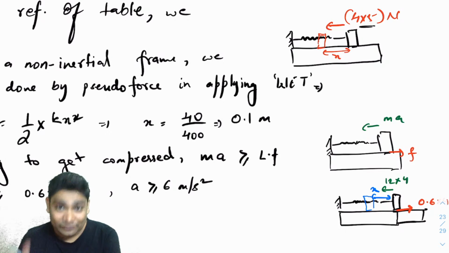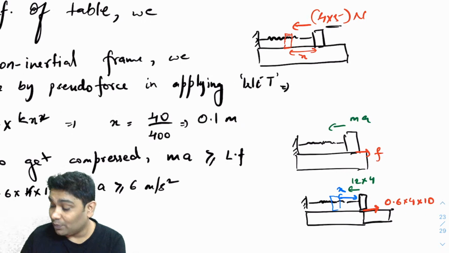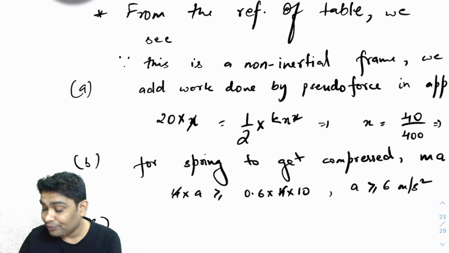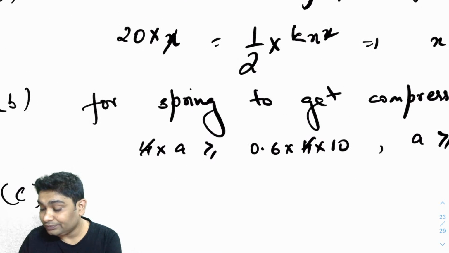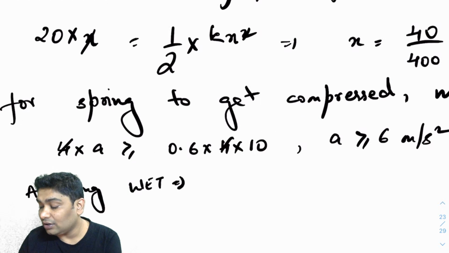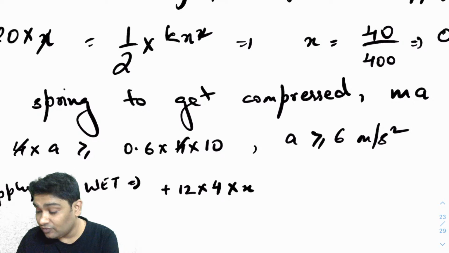So now, if the maximum compression is x, the work done by the pseudo force would be plus this into x. The displacement is happening in this direction, and the pseudo force is also in this direction. Applying the work energy theorem, we get 12 into 4 into x, the work done by the pseudo force, minus the work done by friction.